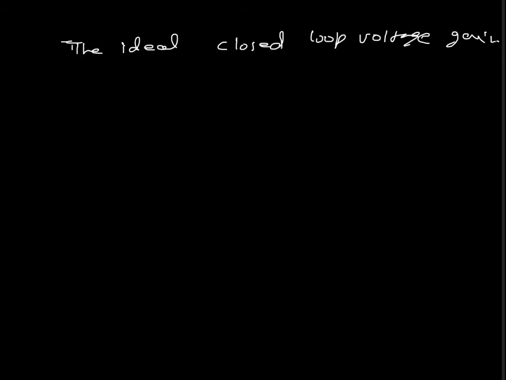I missed one more part. We also need to find out the ideal closed loop voltage gain AV. So ideally it is 1 by B, which is the feedback fraction.